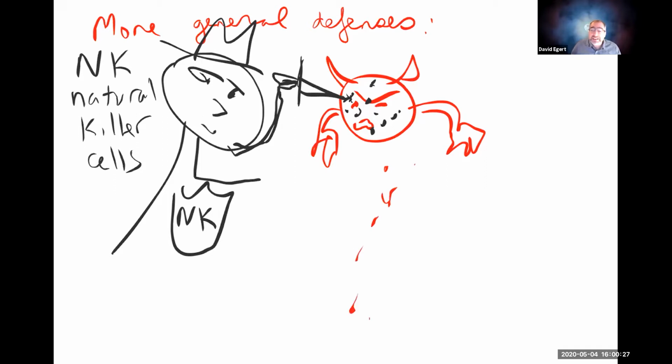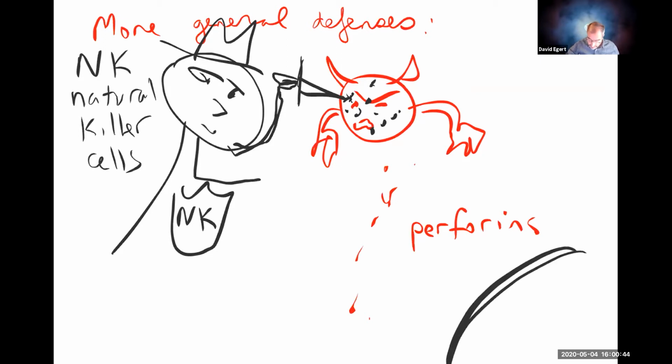So it's not actually using a dagger. It's actually using these proteins called perforins. So let's say this is the membrane of this guy. Maybe I should make it red.